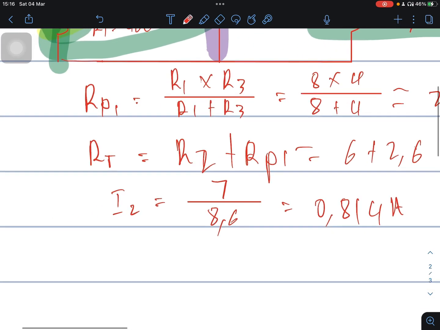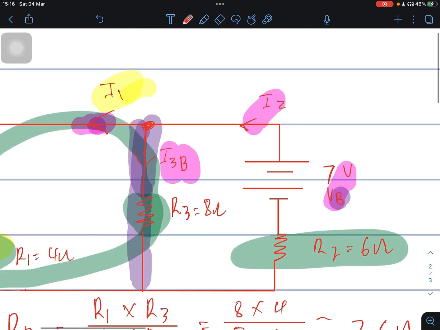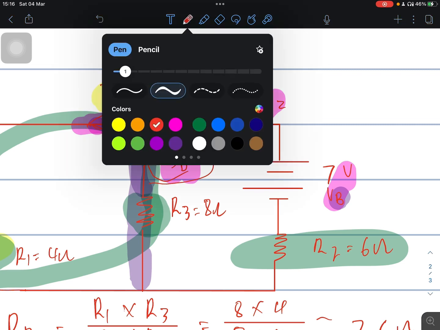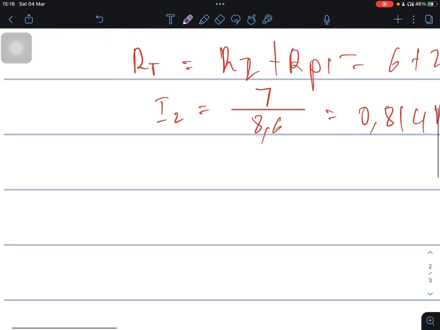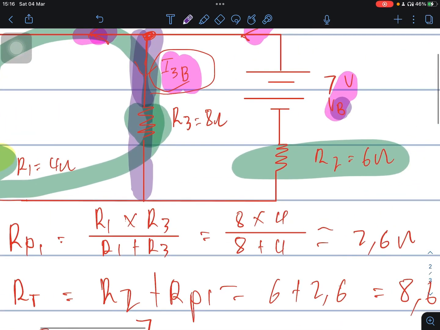Now that we have calculated I2, which is our total current, we can use the current divider rule to find the current I3 due to the source.